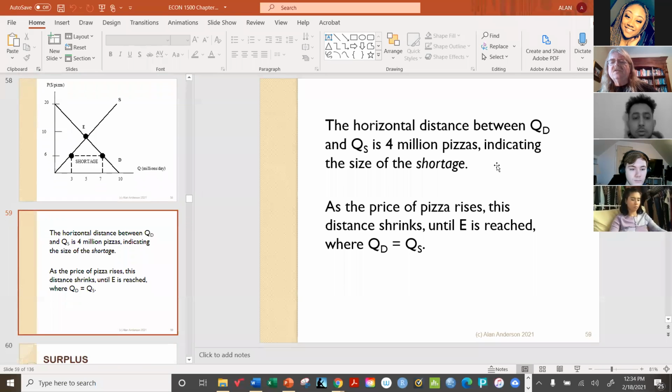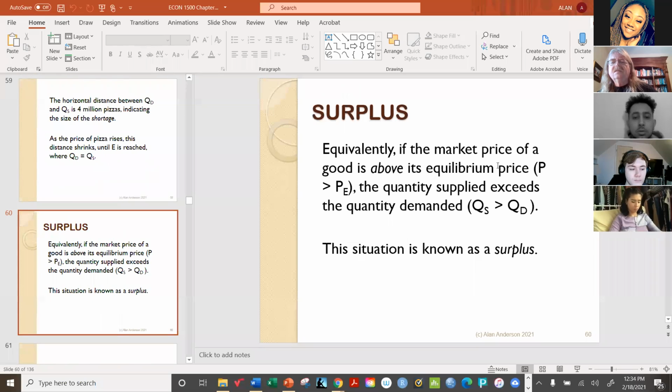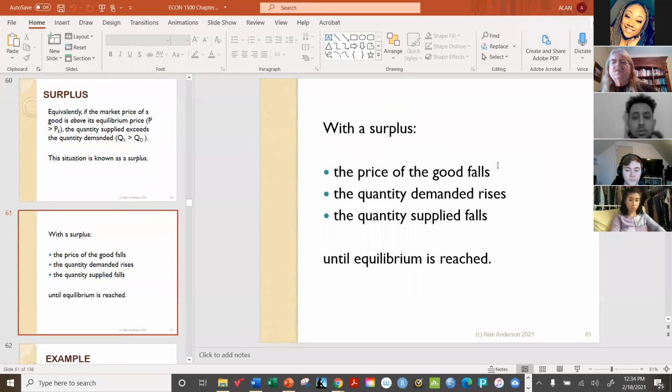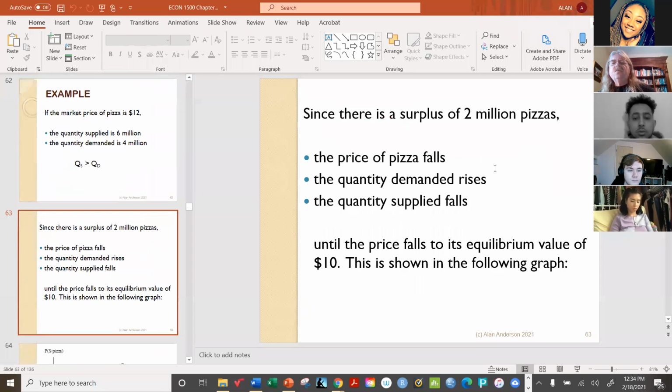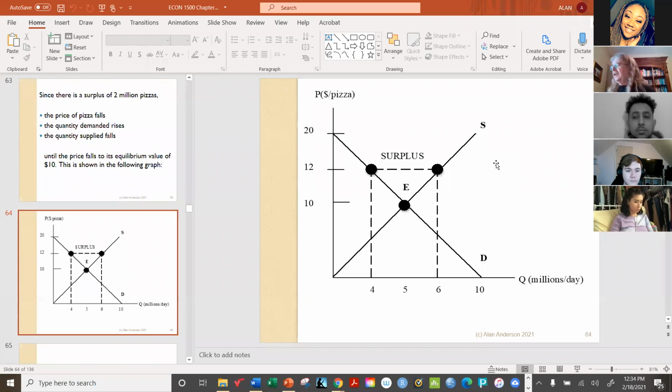We also saw the opposite situation with the surplus, where the price is too high and there's more of the product available than people actually want to buy at that price. And you can tell right away because the shelves, when you go to the store, are full of this product. Whereas with a shortage, it's the other way around. You go to the store and whatever it is is gone because there's not enough of it.